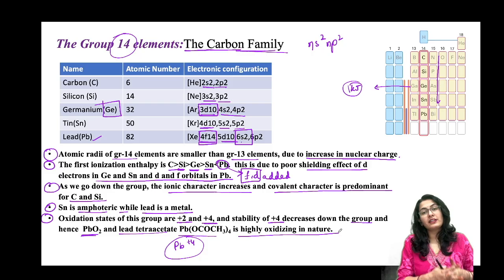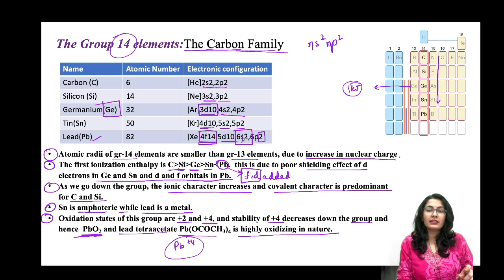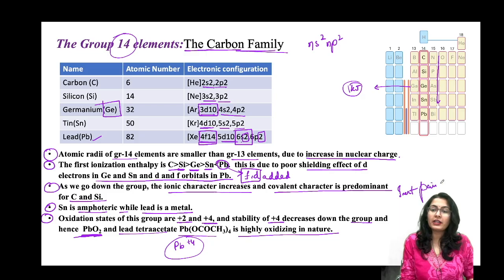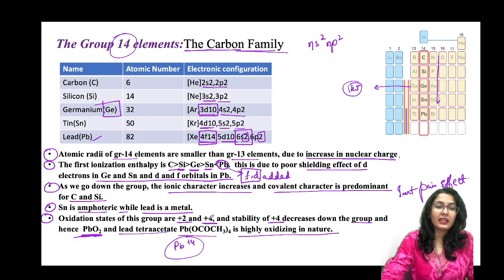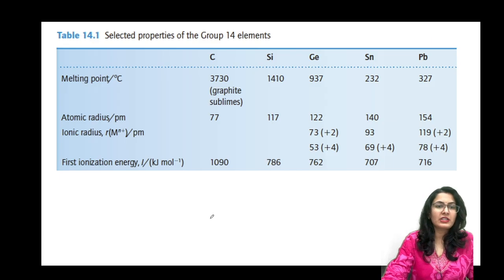Lead tetraacetate is used as a reagent in organic chemistry, and the same goes for PbO2. +4 means you are removing all of these electrons. But because of the inert pair effect of the 6s2 orbital, lead does not want to go to +4. So it will very readily go to +2 again. These were just some general points.